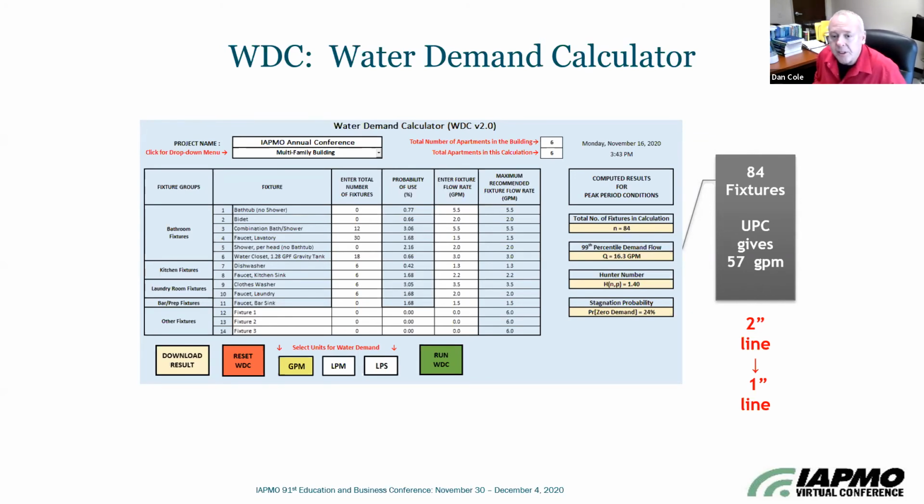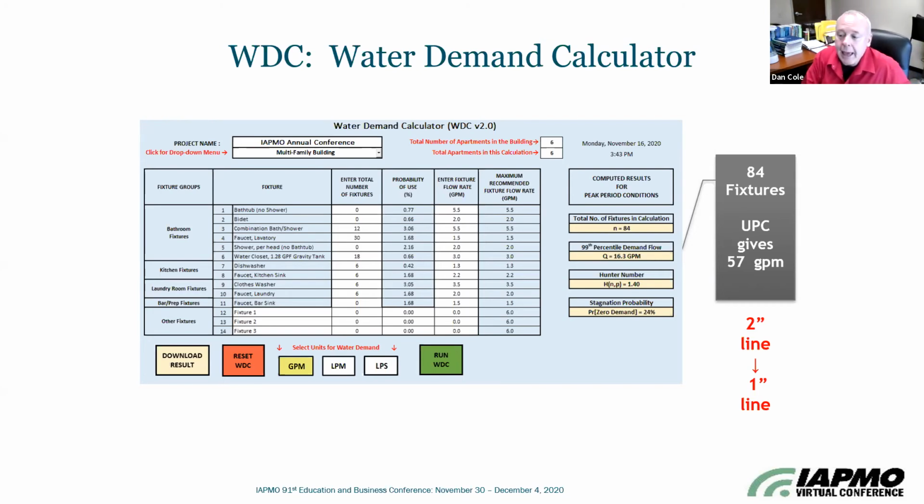Obviously, that's going to be your dominant fixture. It may not be used as often, but you would have to size the supply pipe to provide that 15 gallons per minute tub filler. So when you have things like that added to the system, you do have the potential of oversizing the pipe.